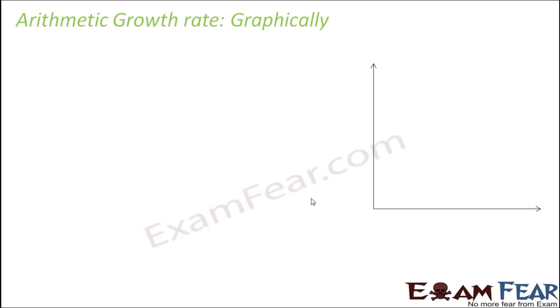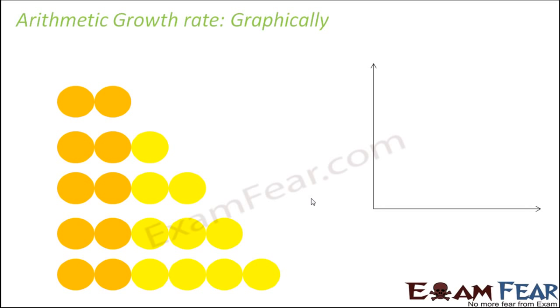Now let us look at arithmetic growth rate graphically. Based on whatever we have discussed so far, let us suppose this is the initial time, that is t is equal to 0. How many cells did you have? You had 2 cells. As the time increases, what are these 1, 2, 3? I'm not taking any unit right now.